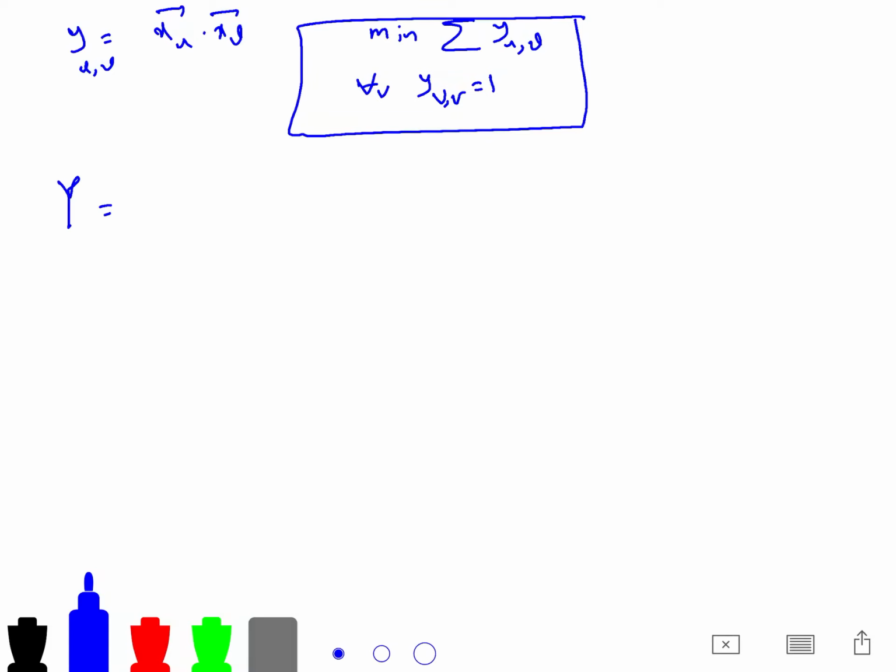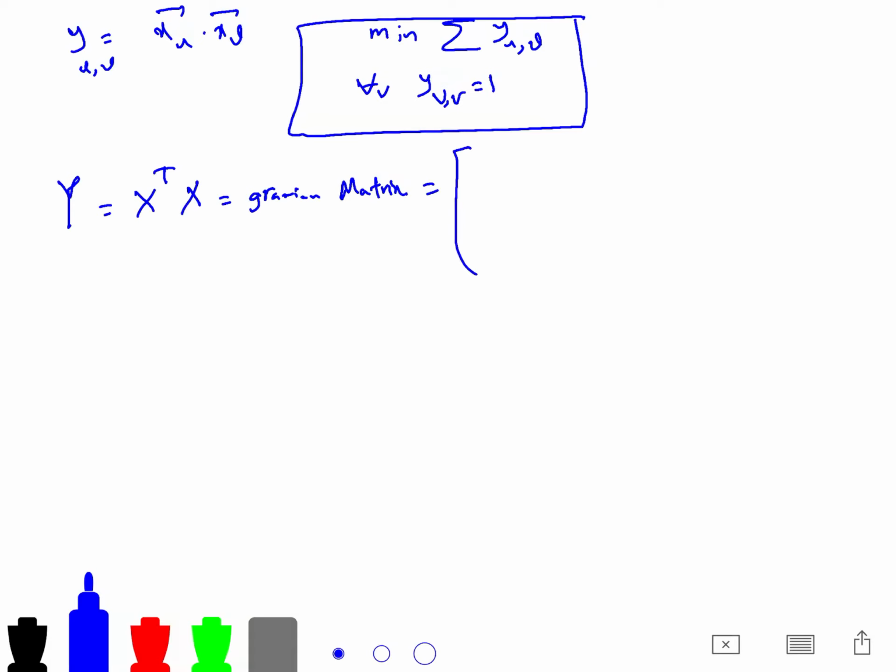If you write the Y matrix, which is X transpose X, this is the Gramian or Gram matrix. I'm sure you have heard it in machine learning several times in several problems.